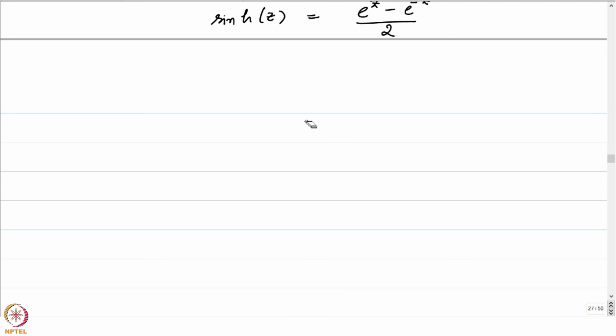So to do that, let's consider cos of iz. Let's see how the function cos of iz behaves. This is going to be equal to e to the power i times iz, right? So this is going to be e to the power minus z plus e to the power z, divided by 2, and this is precisely equal to cos h of z.